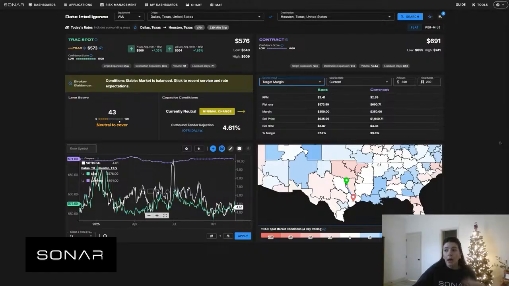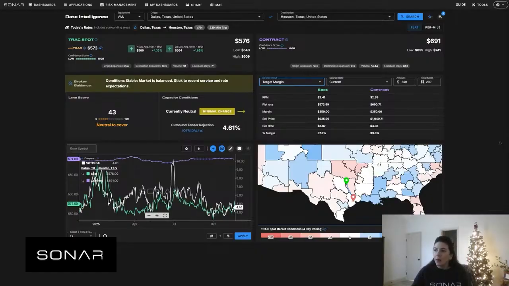Whereas if this was a higher lane score from 70 to 100, that's going to be easy to cover from a market perspective. Every carrier is going to want to haul that business, especially if they're based out of there. And that would give you more favorable terms if you wanted to look at maybe resourcing that business.